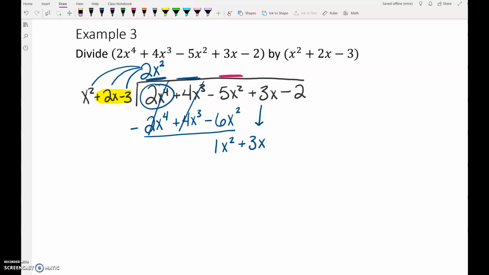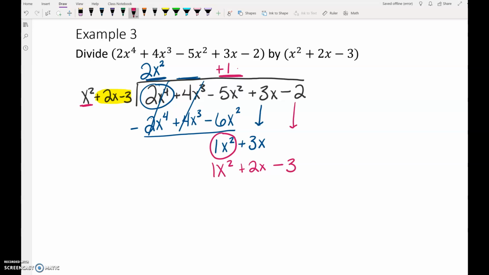So x squared times what is 1x squared? Plus 1. Distribute. 1 times x squared is 1x squared. 1 times 2x is 2x. And 1 times negative 3 is negative 3. Do you see this hole that we have in the subtraction problem?